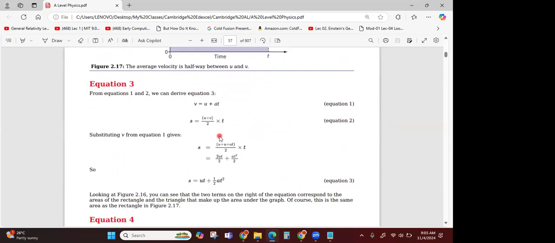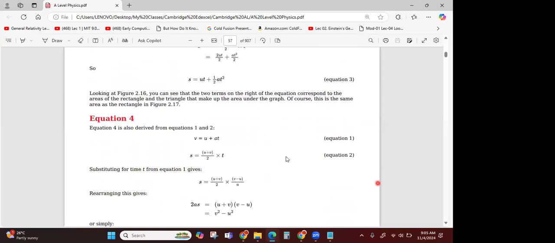And in the third equation, here we can substitute for v, u plus at. Then we can do some algebraic simplification. So you get s equals ut plus half at squared. So this equation 3, which we obtained as equation 4.